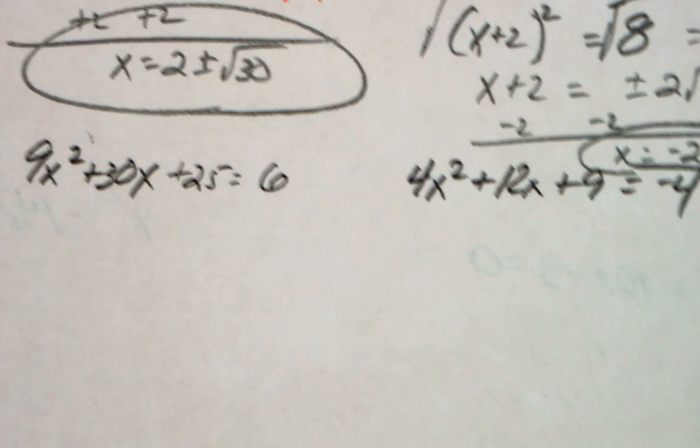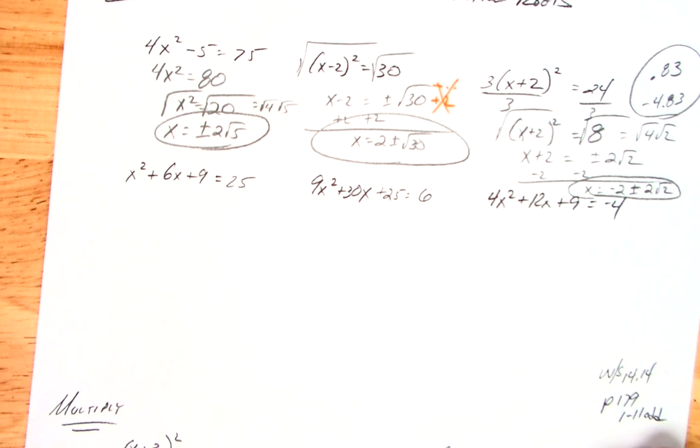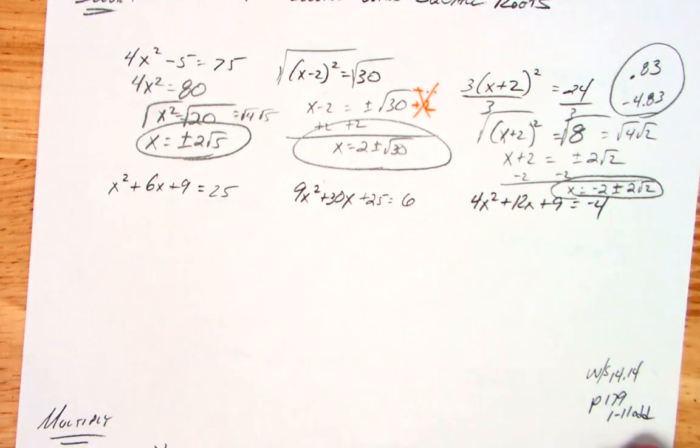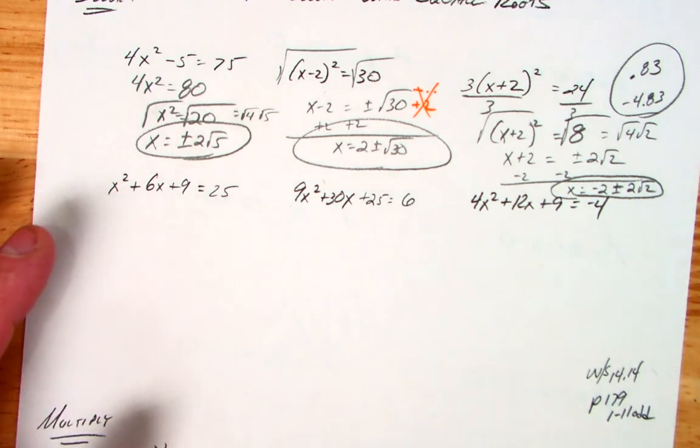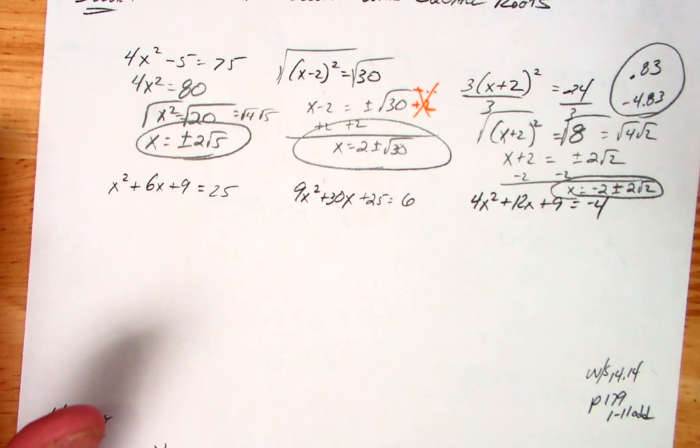Okay. So now here's the new beasts for today, and they're really not that bad. Our old method, you were told to get it set equal to 0, get it set equal to 0, get it set equal to 0. Well, in this case, first thing, not everything can be factored.